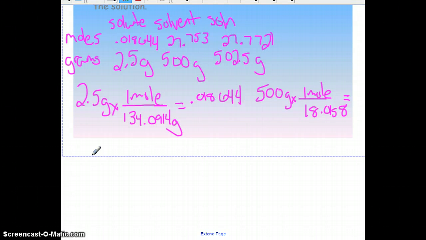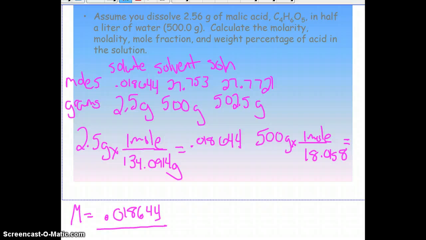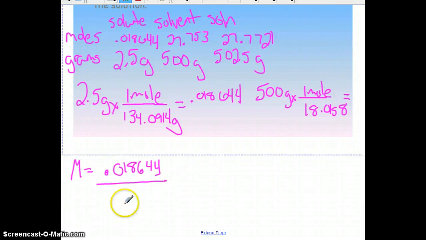Molarity is pretty simple. That's just going to be our moles of solute over the liters of solution. So for solute moles, we have 0.018644. And we were told in the problem, if we scroll back up a little bit, you'll see that we had a half liter of water, so 0.5 liters.